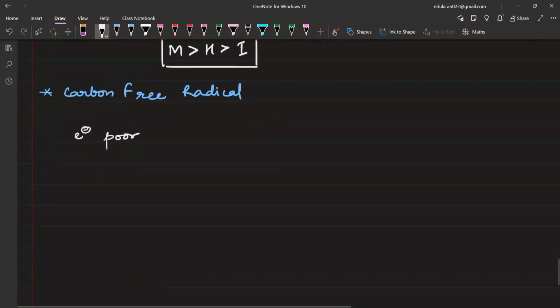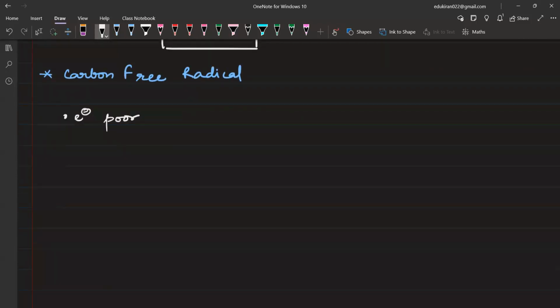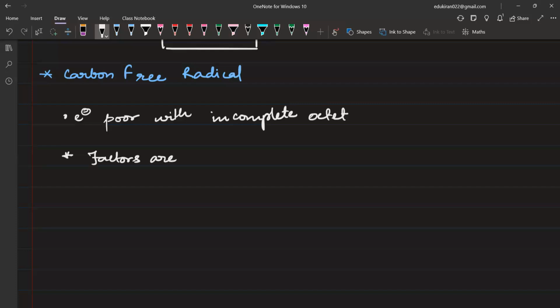It does not have a positive charge, but its octet is incomplete. And factors affecting stability are the same as that of carbocation. Factors are same as carbocation, exactly same. No difference.